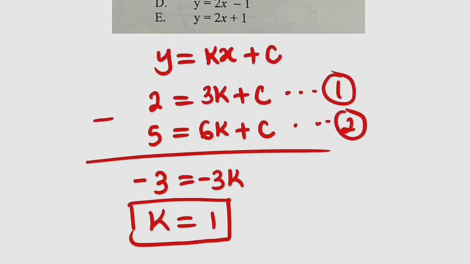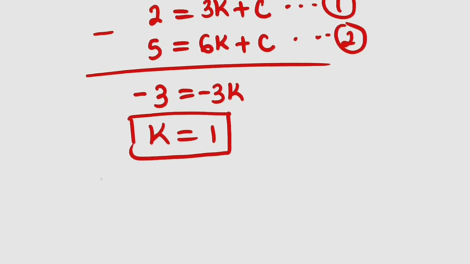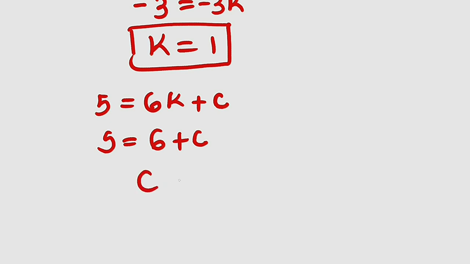Then to find the value of c, we can substitute k equal to 1 in either equation 1 or equation 2. Let me use equation 2. 5 equal to 6k plus c. But we have seen that k is equal to 1. So we have 5 equal to 6 times 1 is still 6 plus c. If you subtract 6 from both sides, you can see that c will be equal to 5 minus 6, and c equal to negative 1.